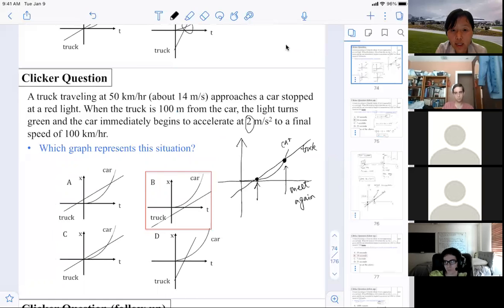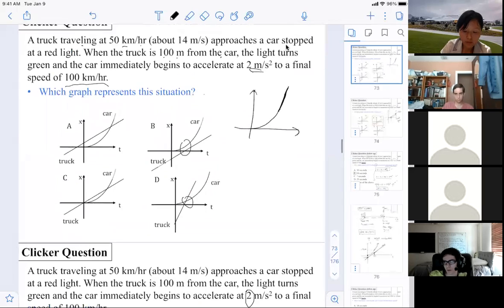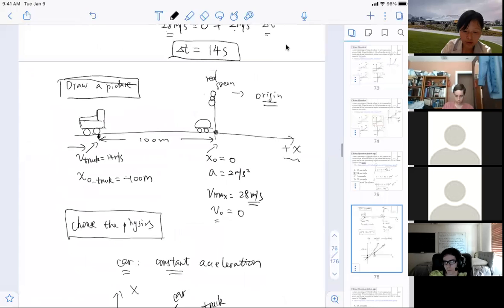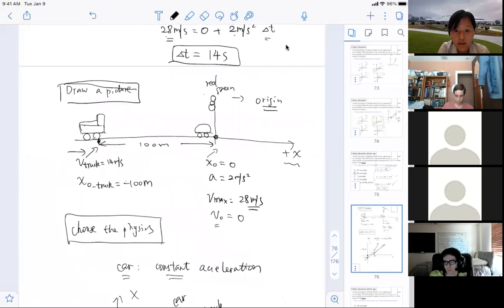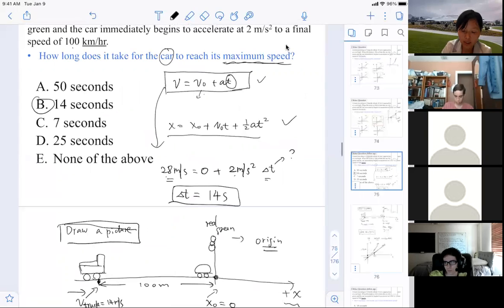Another question is, can I please see the work for the question again for the first part? So I believe you're referring to this part, right? This is my work for the first part, just to figure out how much time it takes for the car to reach the maximum speed.